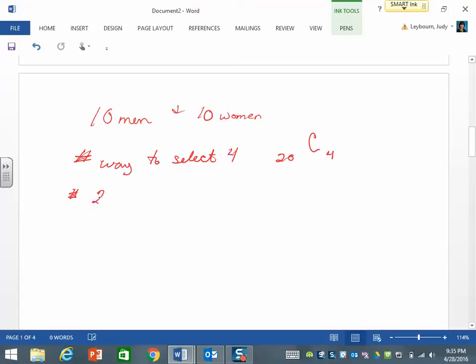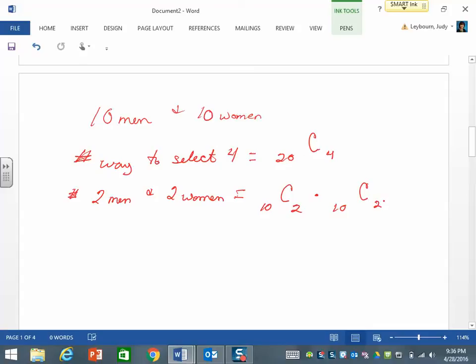Now, if we want the number of ways to select 2 men and 2 women, then it would be, and you can see my pen's getting sloppy again, 10 choose 2 for the men, and the same thing for the women.